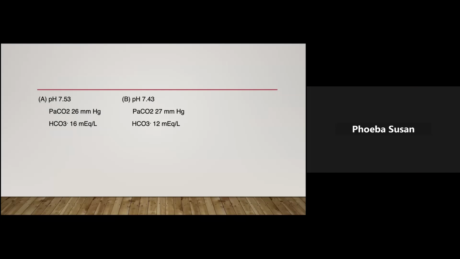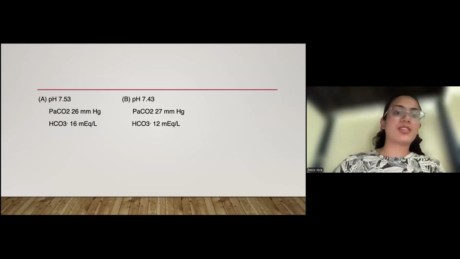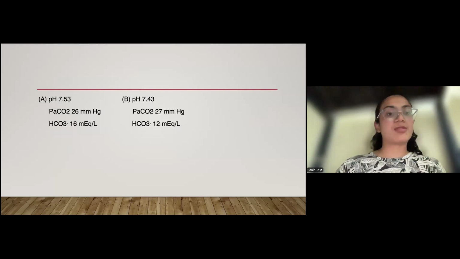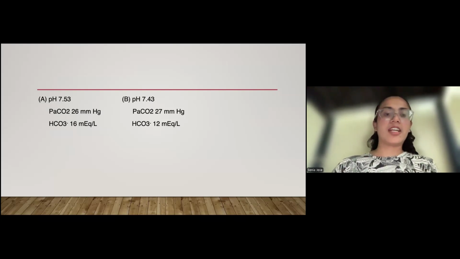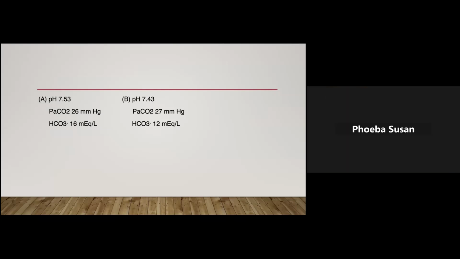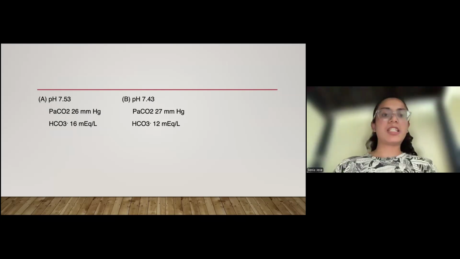The PaCO2 has decreased, which causes the pH to increase to 7.53. Next we look at HCO3. Is HCO3 in the normal limit or reduced? Reduced. Yes, reduced. So it means some compensation is happening, but the pH is still not normal.